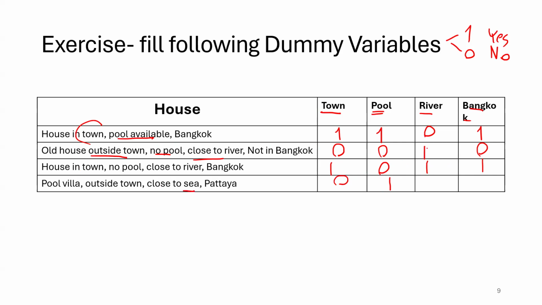And it's Pattaya. Zero. All right. So this is how we convert from text to numbers. We use the technique called dummy variables. So you set the number zero or one, which means yes or no.